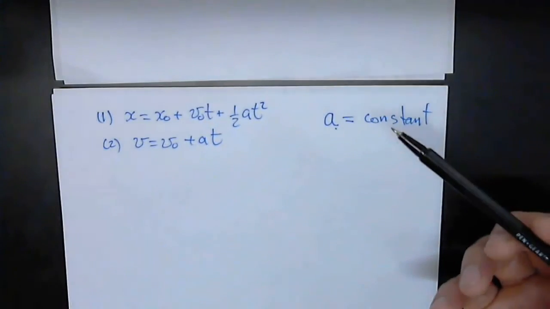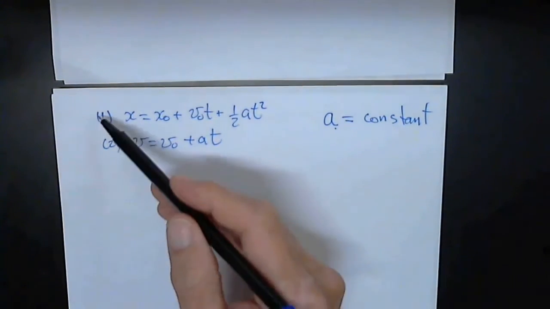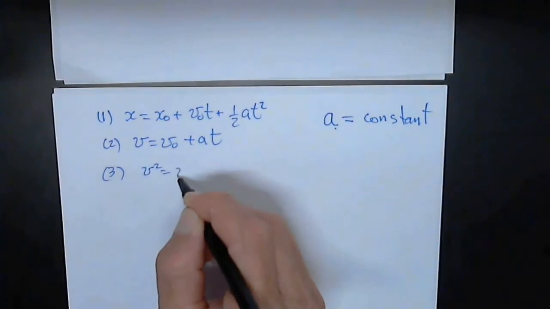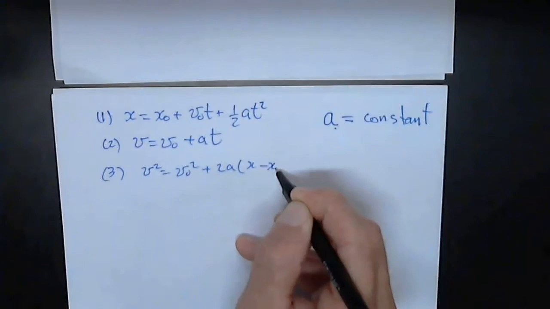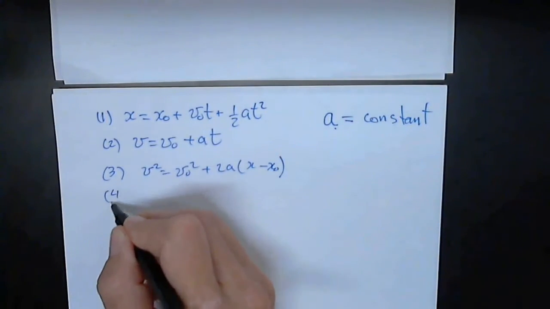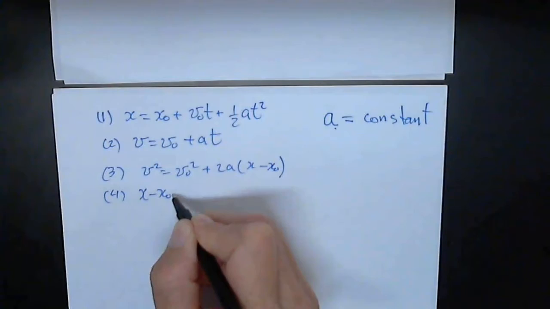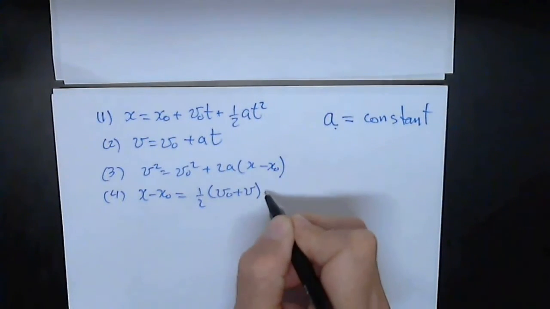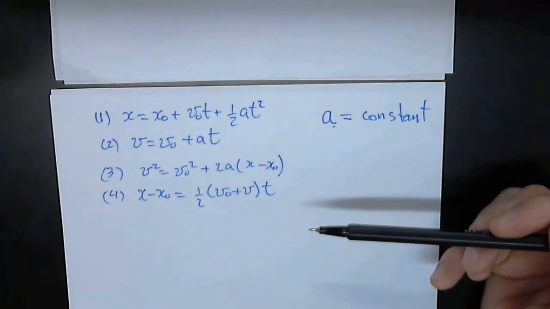In the second video in this playlist, I will show you how to derive from 1 and 2 a third equation that is written like this, and a fourth equation that is this. So these are the four kinematics equations.